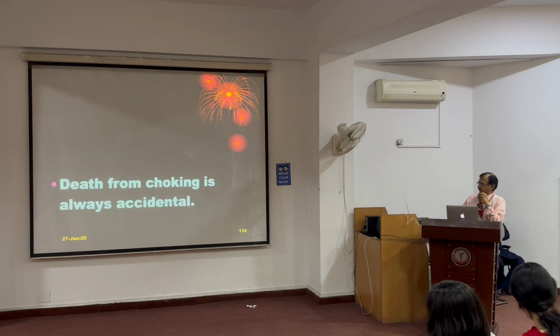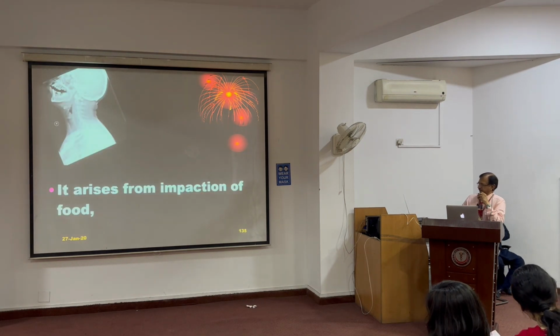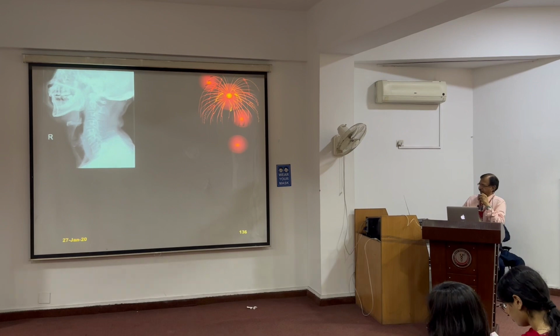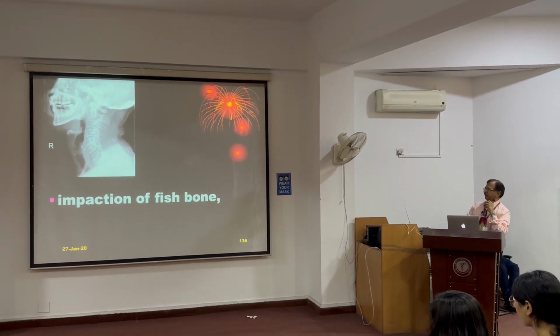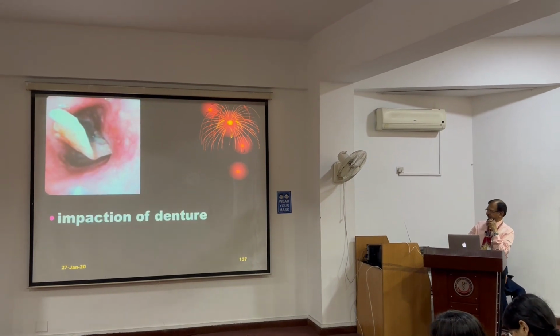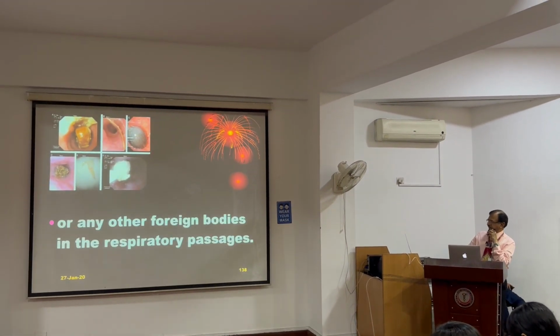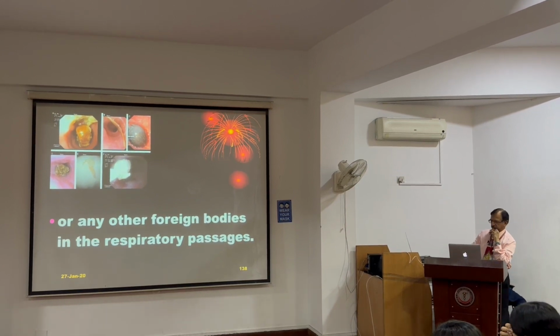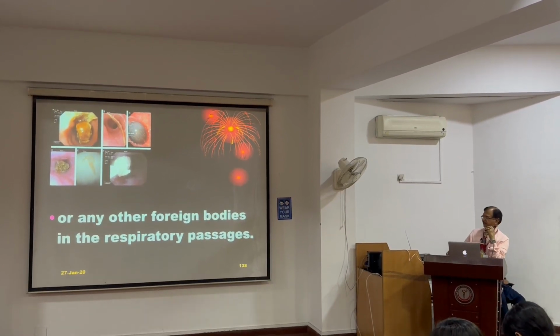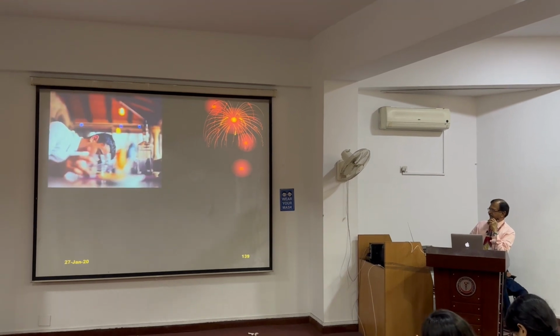Now regarding the medical aspects, it can be accidental by impaction of anything, by impaction of a fish bone, a denture or any other foreign body. That can be a coin, a pea, or any rounded object.